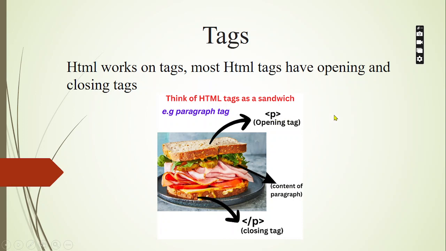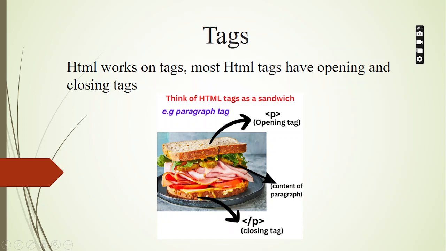I want people to think of these HTML tags as a sandwich. A sandwich consists of bread, some other things here, vegetables, and another bread here, or whatever you call it in your country or in your state or in your tradition. But this is a sandwich. It's a basic English sandwich.